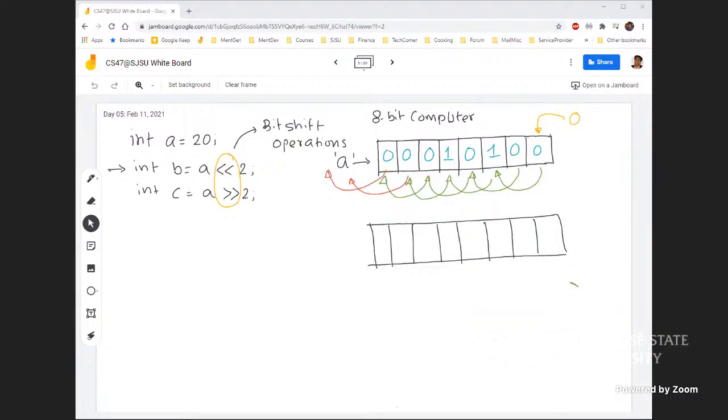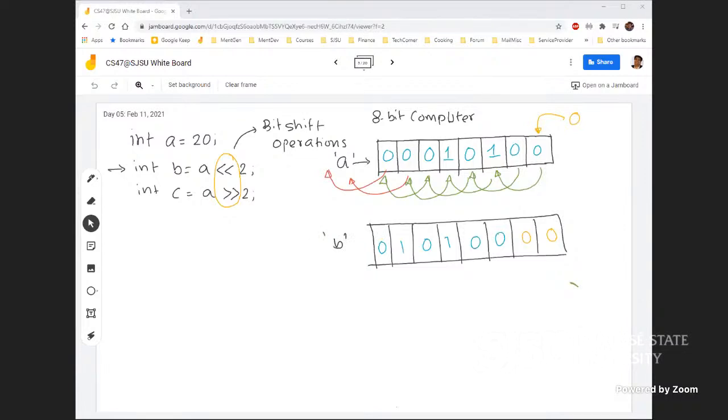I'm doing some color coding: the 0s inserted from the outside world, followed by 0, 0, 1, 0, 1, 0. So this becomes the value assigned to B.